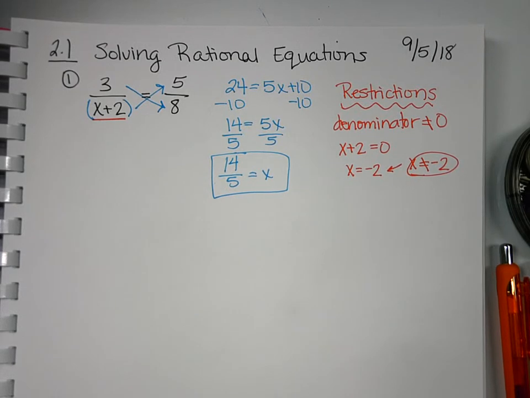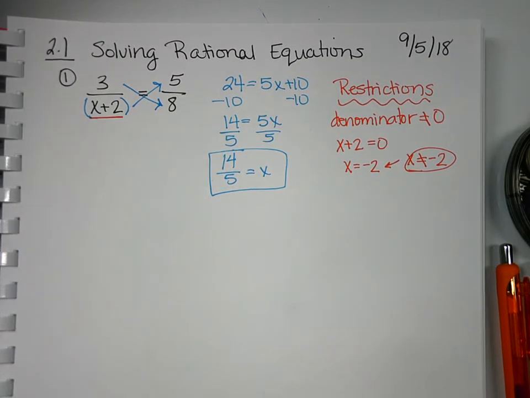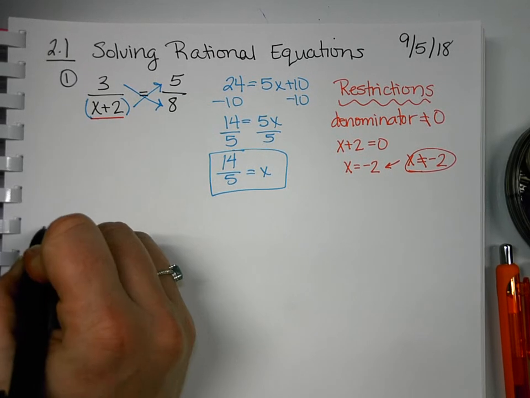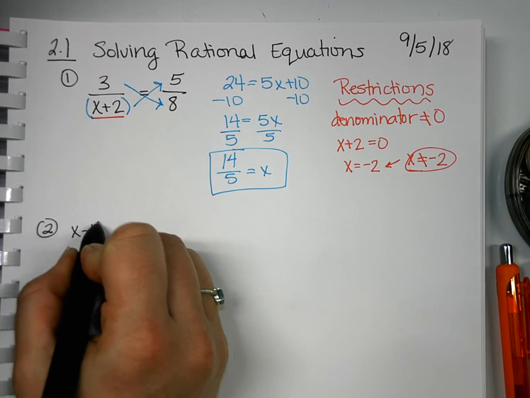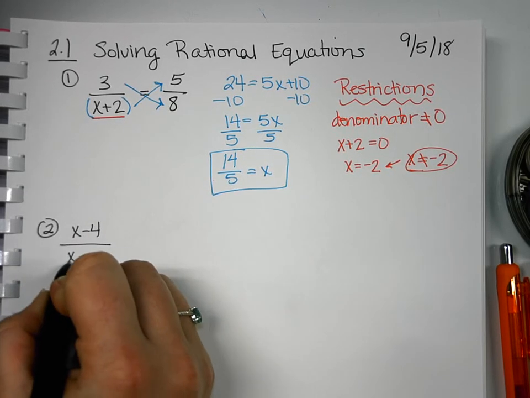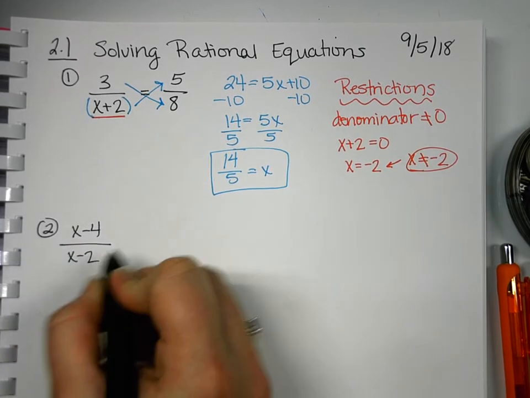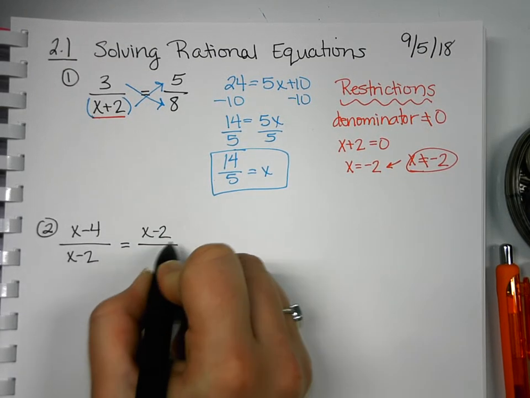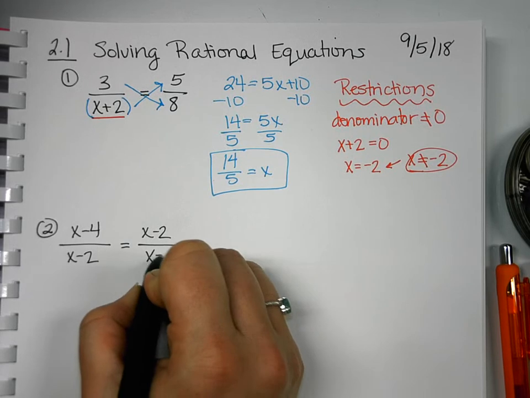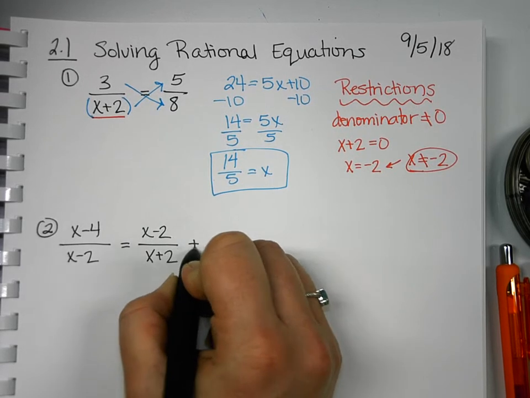Alright, so we're going to take it up a notch from our basic proportion. And we're going to now have a fraction on the left side equaling the sum of two fractions on the right.